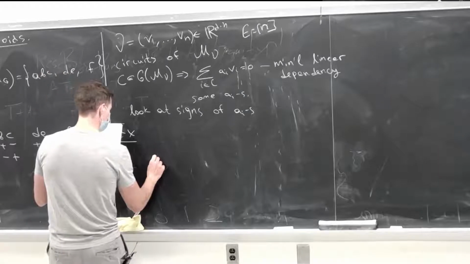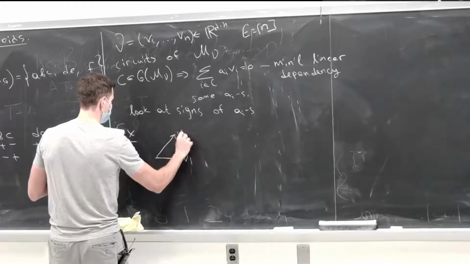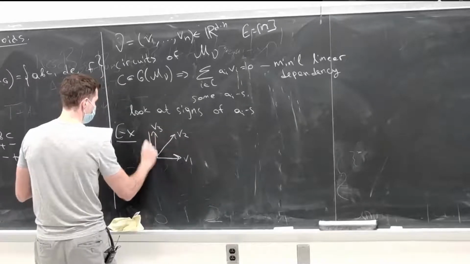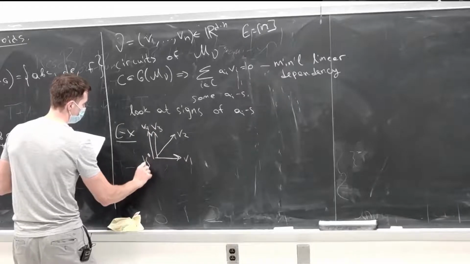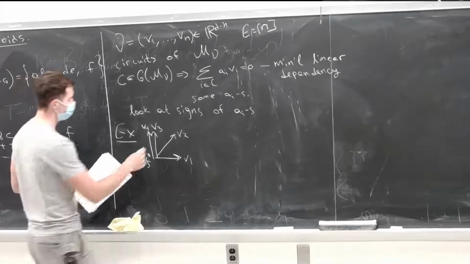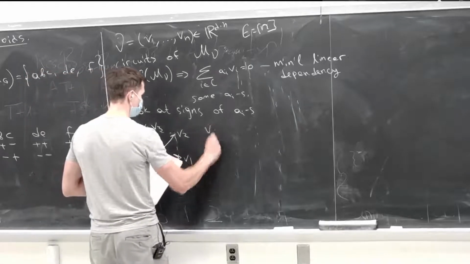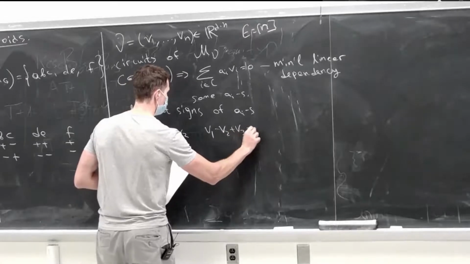Let's have an instructive example. Take vectors v1, v2, v3, and v4, and maybe v5 is here. I have these linear dependencies. For example, v1 minus v2 plus v3 is 0.